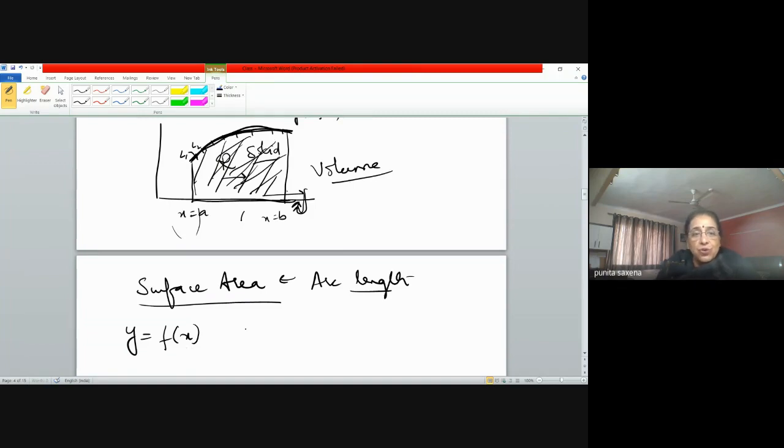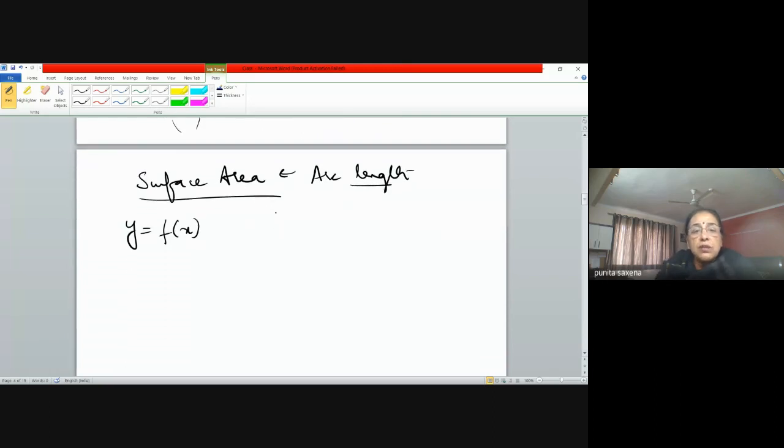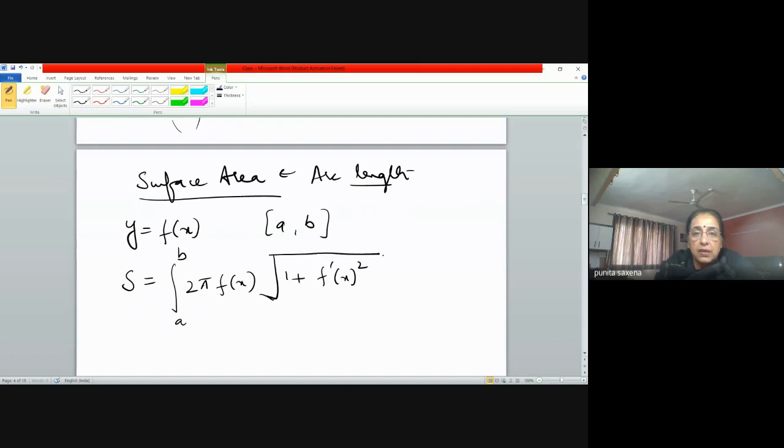So using that logic, if your curve is of the form y equal to f(x), and of course it's a smooth curve bounded between x equal to a and x equal to b, then the surface area is given by integral a to b 2 pi f(x) under the root 1 plus f dash x square dx.